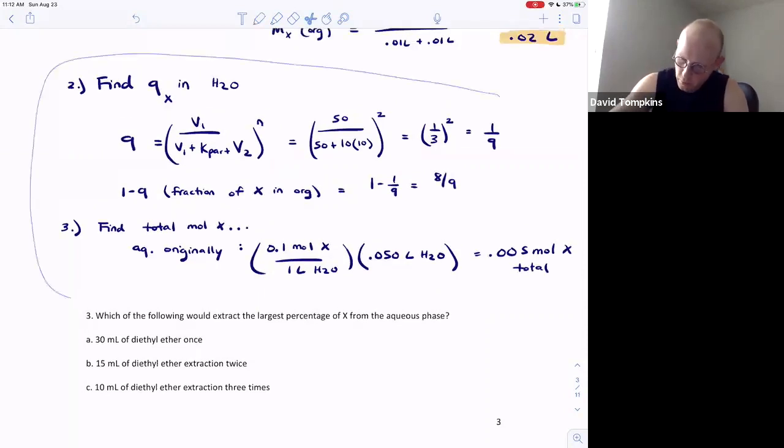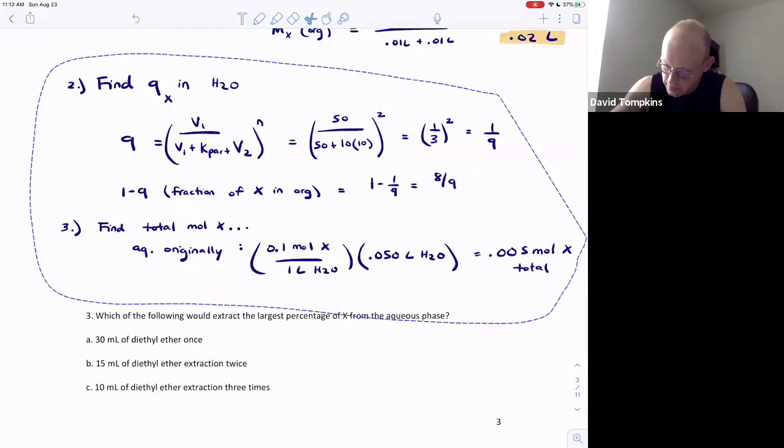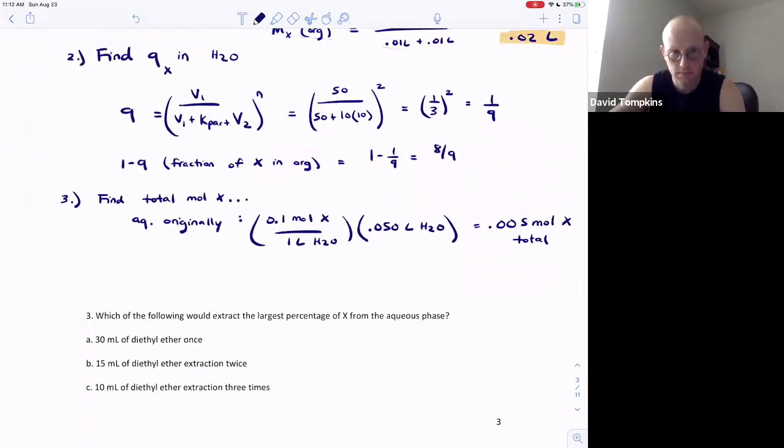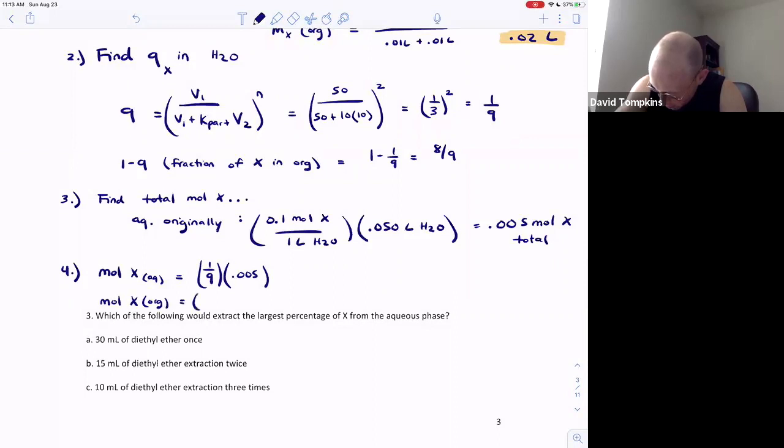So from here, we can now find the moles of X in each phase. The moles of X in the aqueous layer will equal 1/9, because 1/9 of the moles remain, times 0.005. And the moles of X in the organic layer is 8/9 times 0.005.